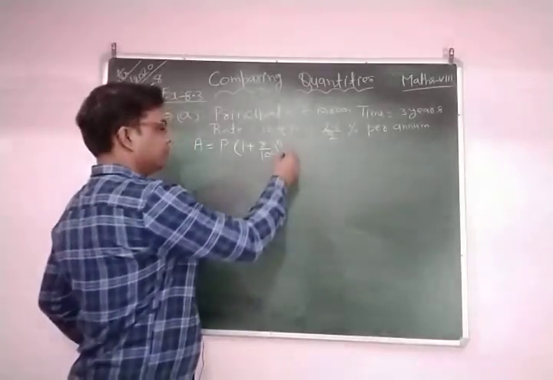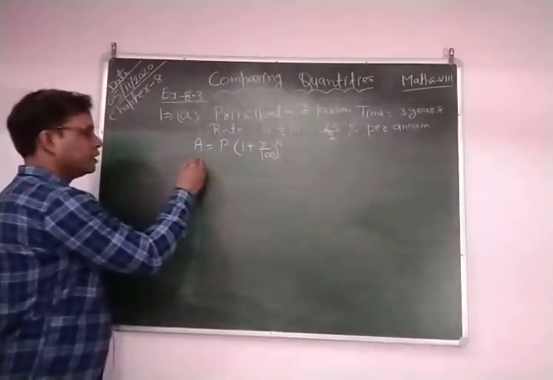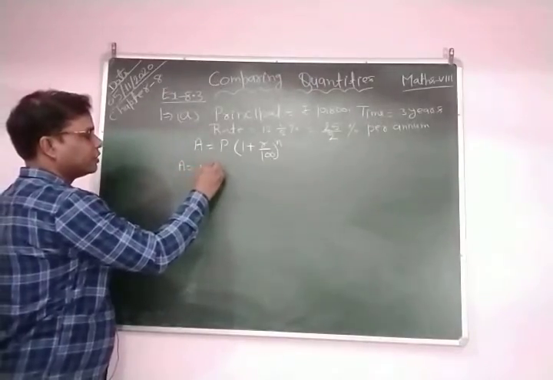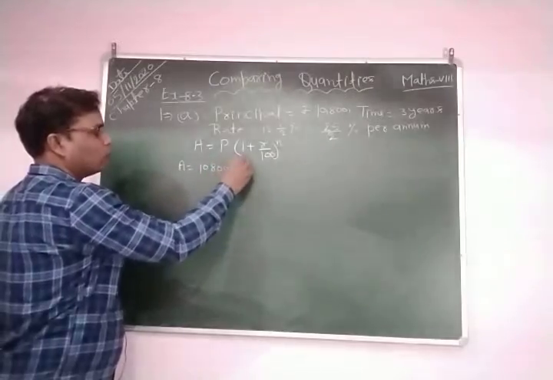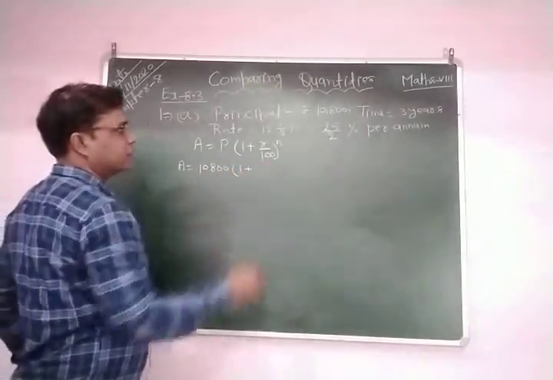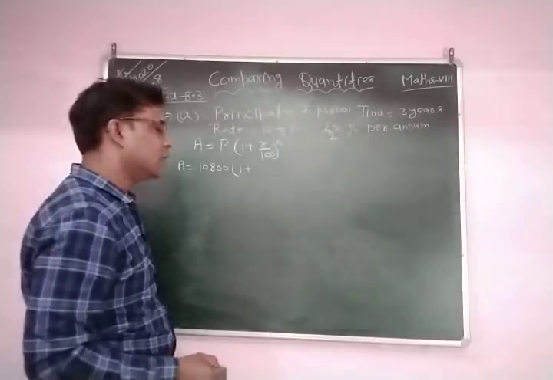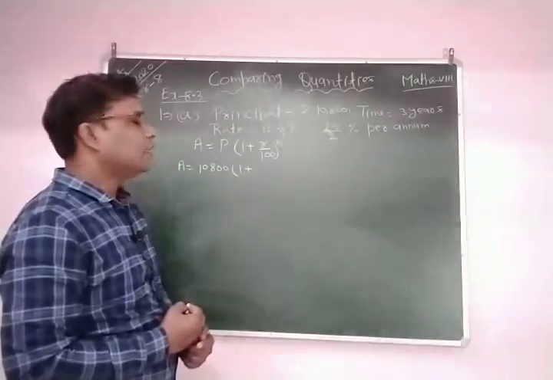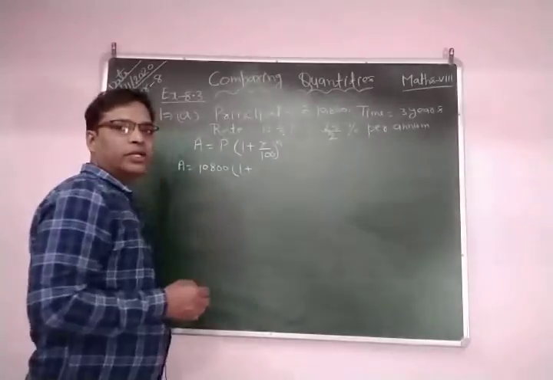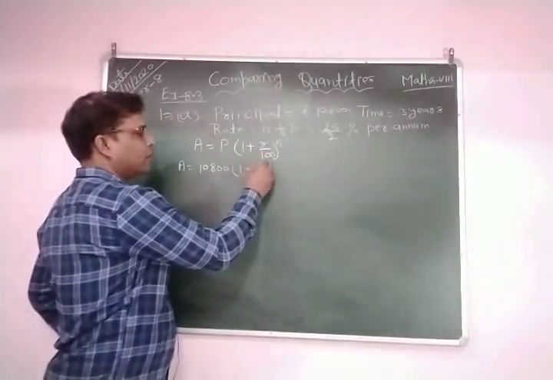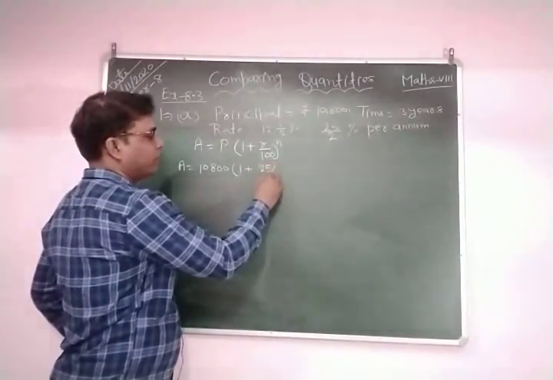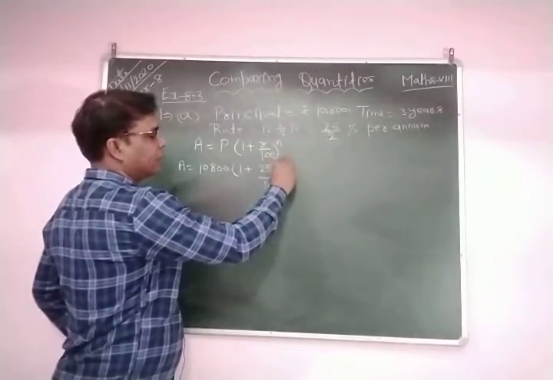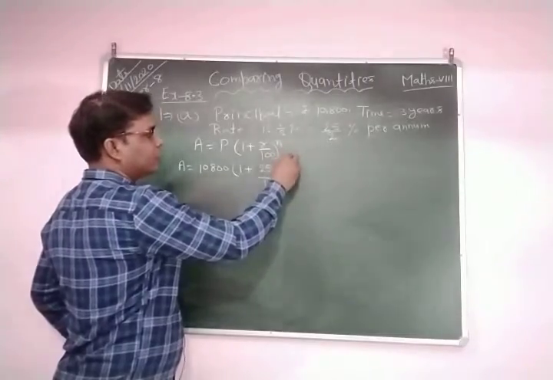So we can write it: A is equal to, principal is given here, 10,800 rupees, into 1 plus R. What is R? R represents rate, and rate is given here as 12.5, so we can write it as 25 by 2, divided by 100, to the power of time, which is 3.